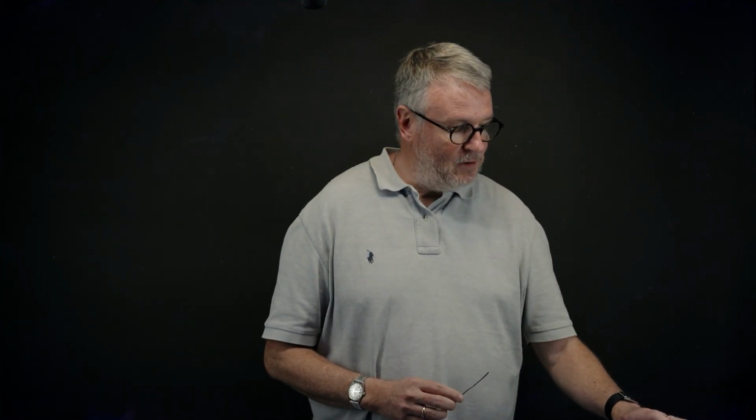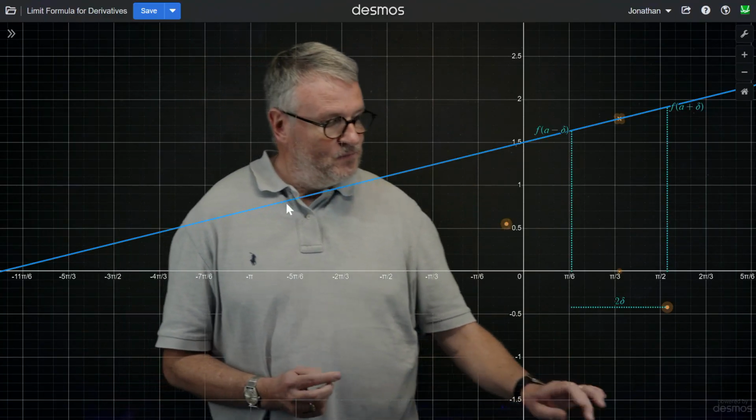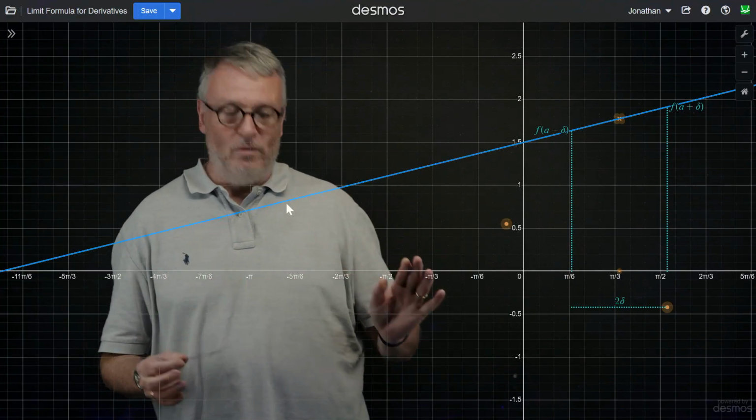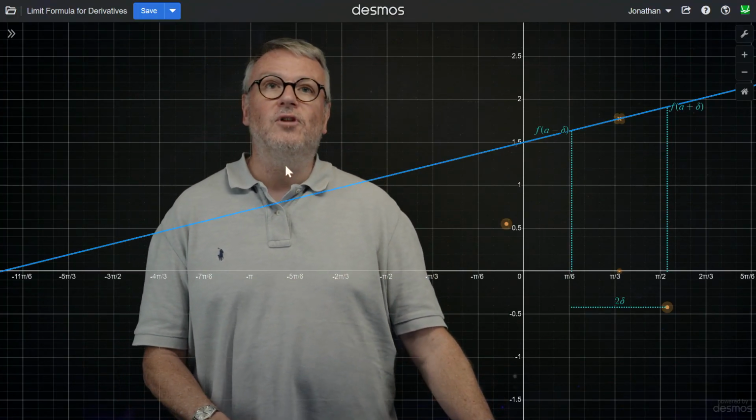So without further ado, what I want to do is, of course, go into my old friend Desmos. Here we are. I will bring up a diagram. And there we go, a Desmos diagram for you that is very simple. This is how we define slope.